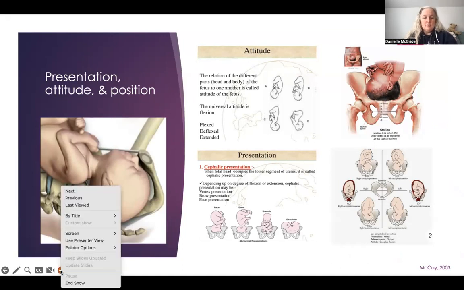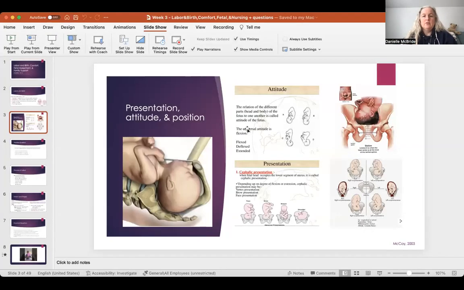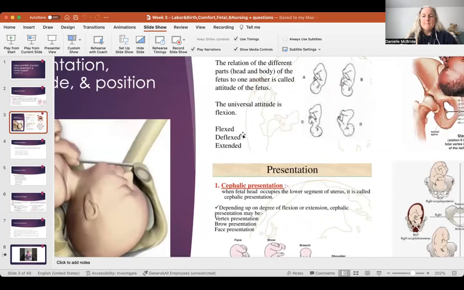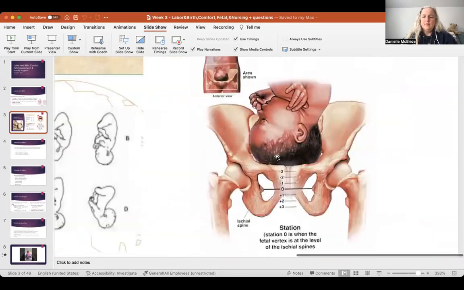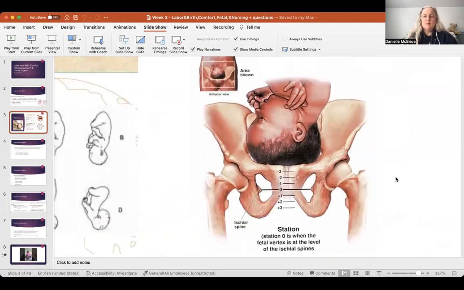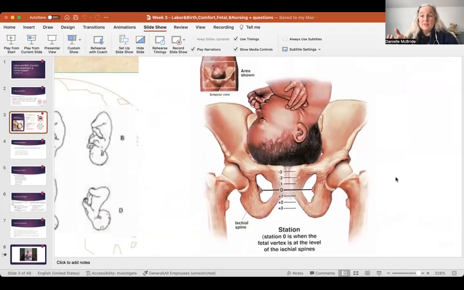I actually am going to change this so that I can zoom. All right, so this is our station. Our station has to do with where our baby's head or presenting part is in relation to the pelvis. These little notches here are the ischial spines of the pelvis.